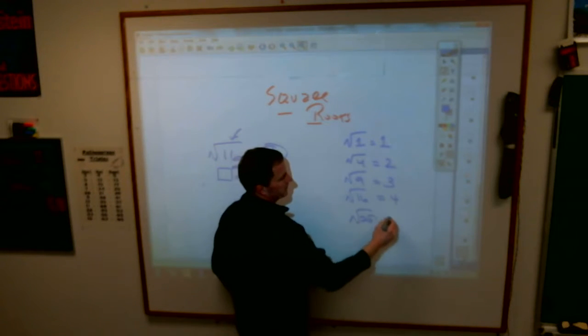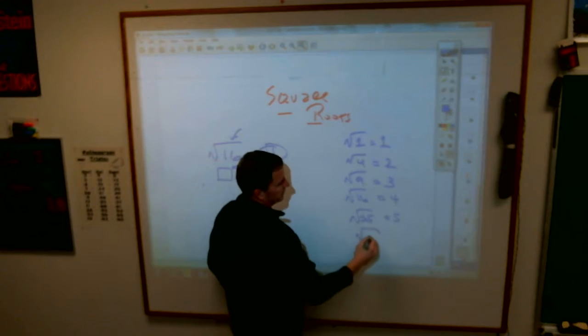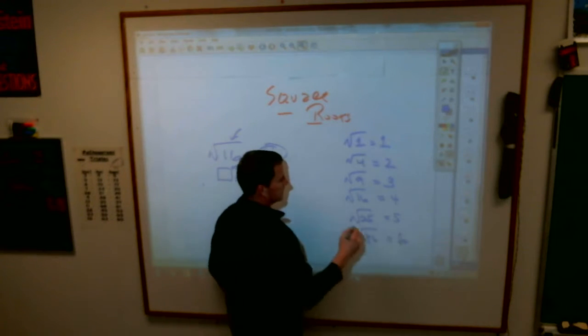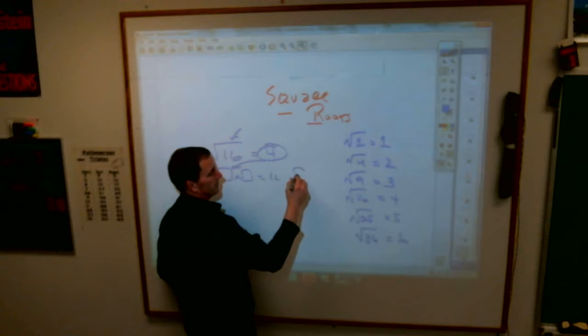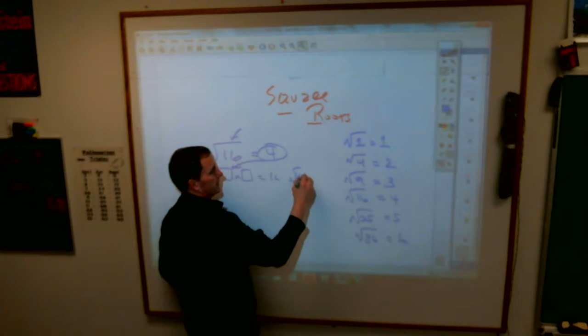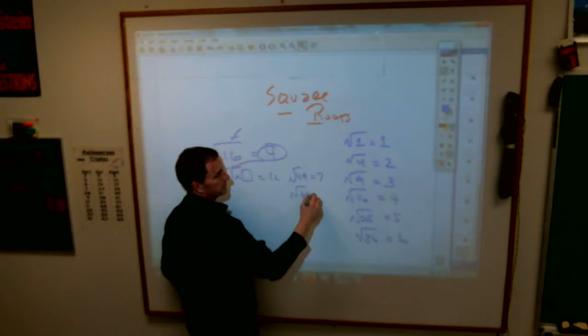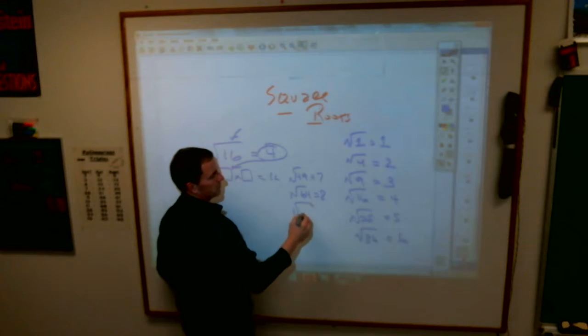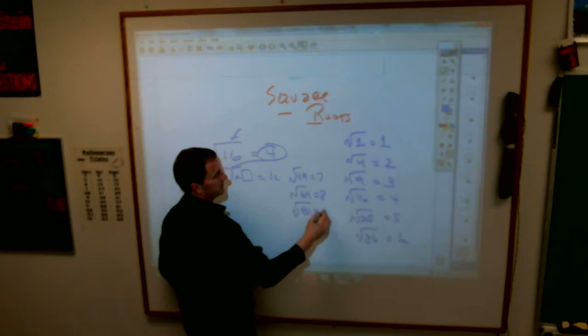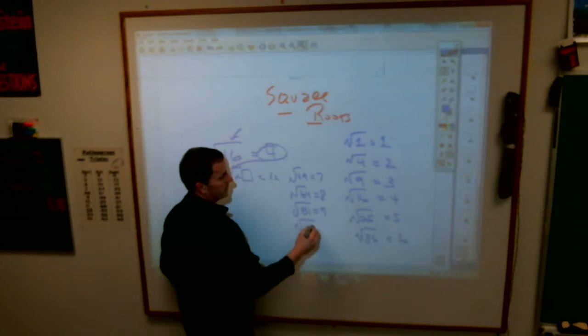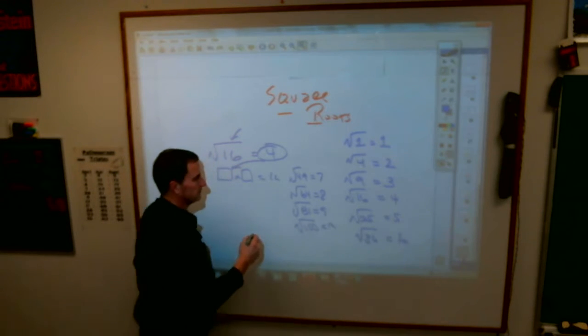Square root of 25 is 5. Square root of 36 is 6. Square root of 49 is 7. Square root of 64 is 8. Square root of 81 is 9. Square root of 100 is 10.